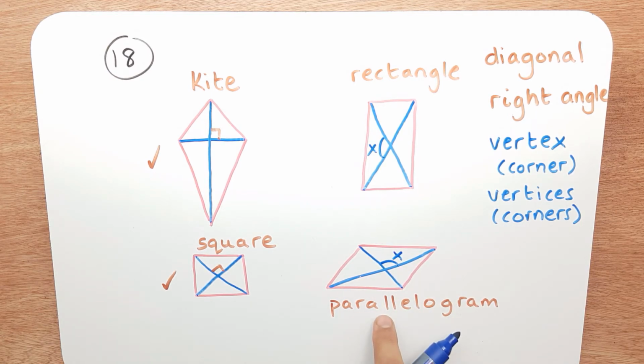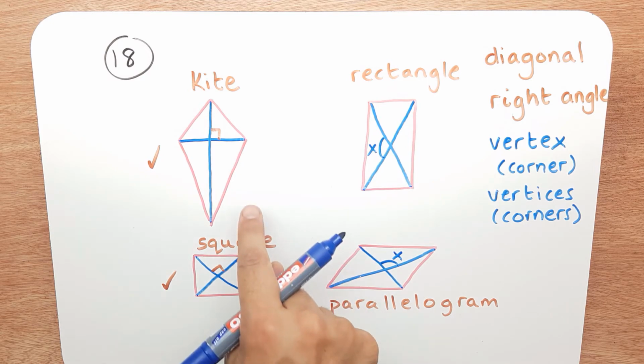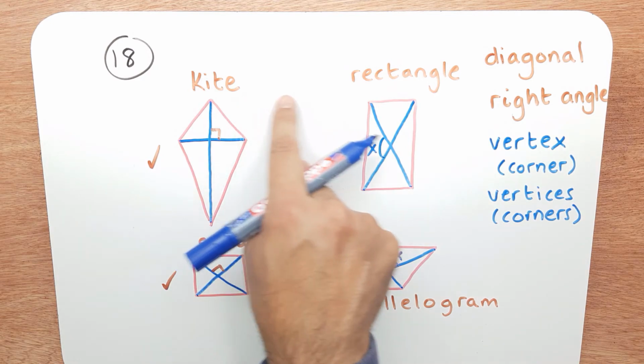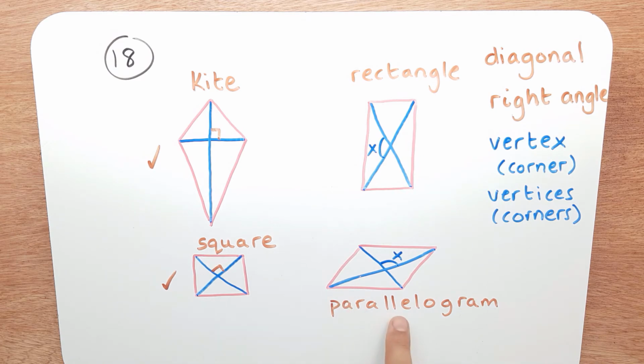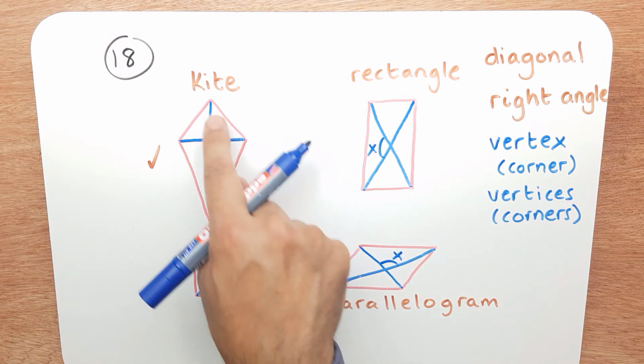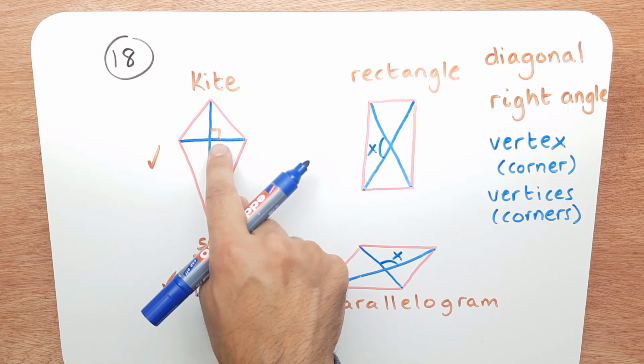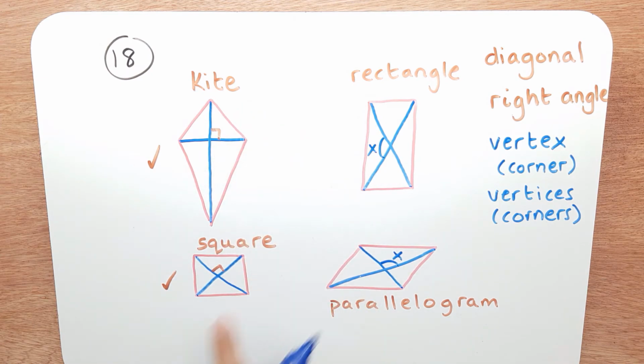So we won't tick that one. So the only two shapes from a kite, a rectangle, a square, and a parallelogram where the diagonals cross at right angles is a kite and a square.